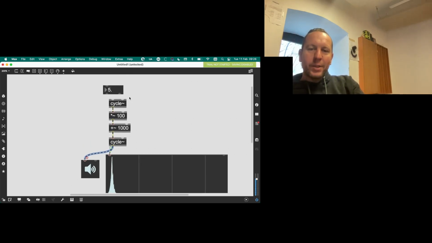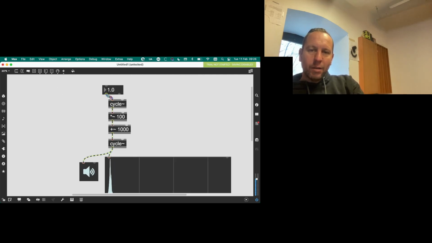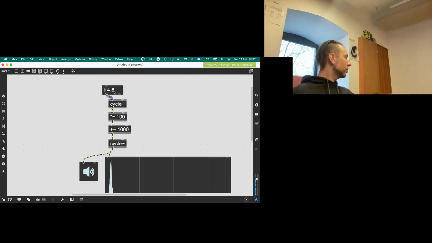In Max MSP, you see, I didn't specify the modulation frequency here, and this is what happens. I'm going between 900 and 1,100 Hertz, and I'm going up and down at the rate of 4.8 Hertz, which is about 5 times per second.